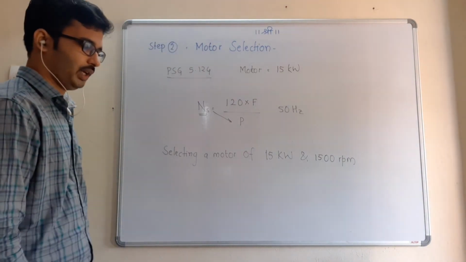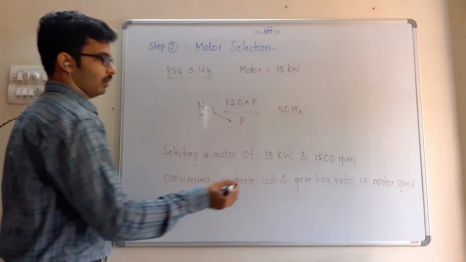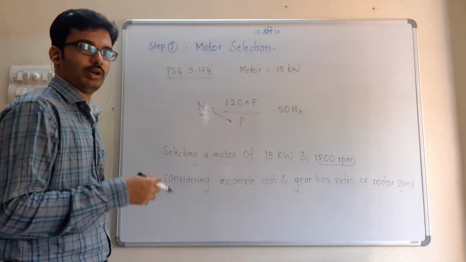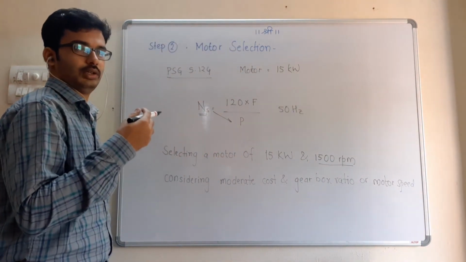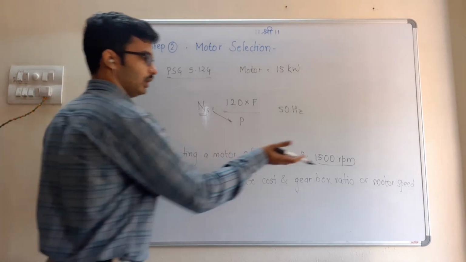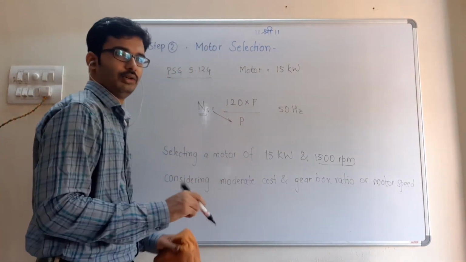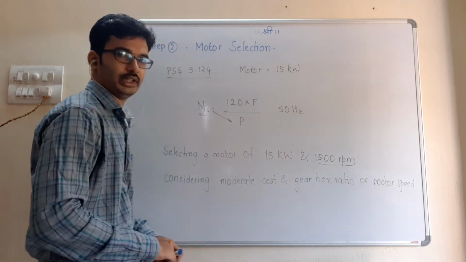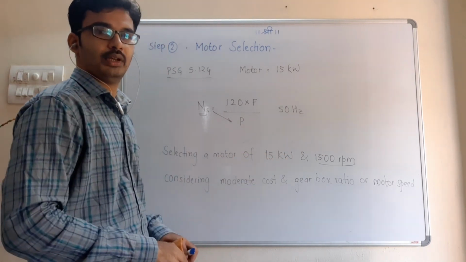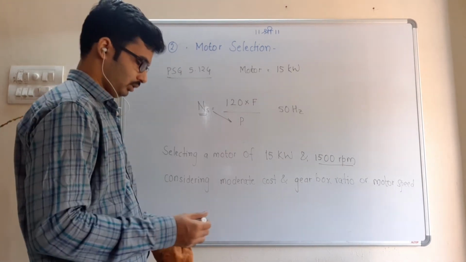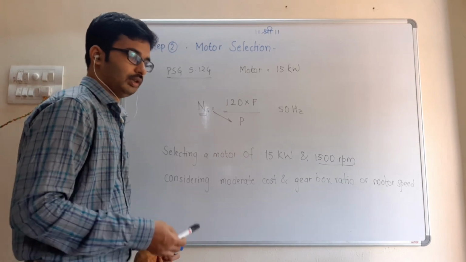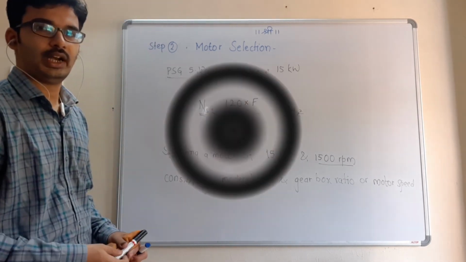Why? Because as the RPM is higher, the cost of the motor is higher. So we will refer to the moderate value of RPM. We will keep the power as 15 kilowatt itself, and we will select the motor. Now we will continue the next part, that is belt design and drum design, in the next lecture. Thank you.